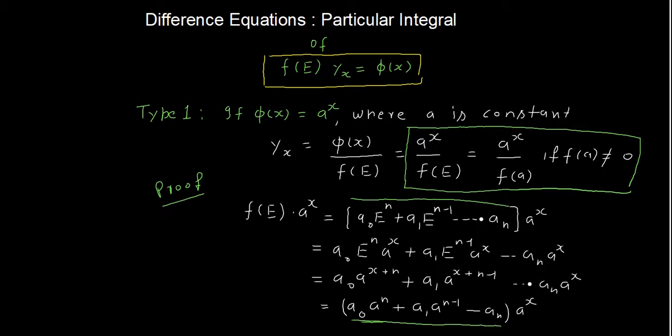This can be written as a function of a, because if we replace E by a in equation 1, we find a0 a^n + a1 a^(n-1) + ... + an.